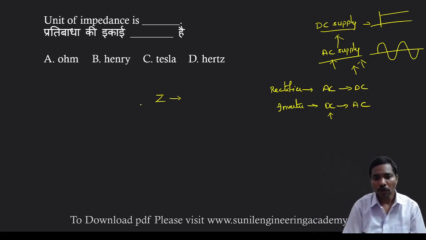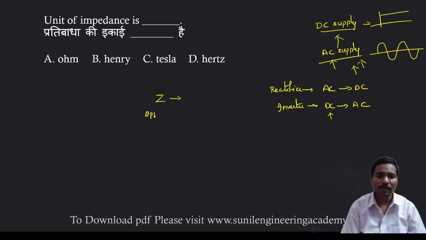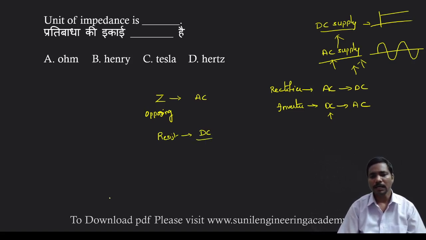Impedance is the opposing quantity in AC supply. Resistance is the opposing quantity purely in DC supply.